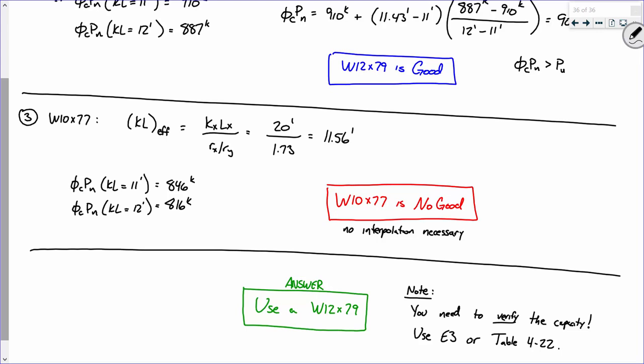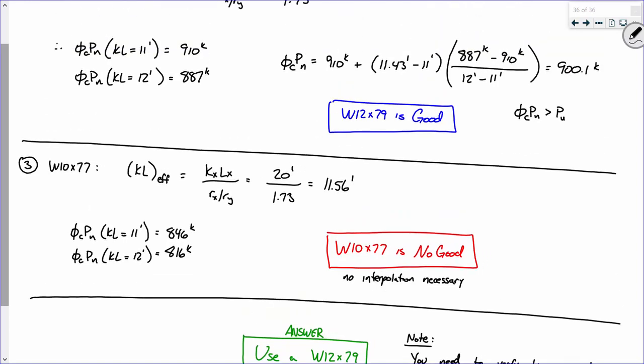So remember, we've got our section. We can compute KL over R, use the KL over R to calculate F critical, and then phi PN is phi times F critical times the gross area. We have a column. It's a W12 by 79. We should validate that capacity. I mean, what did we calculate as the capacity for that W12 by 79? It was 900.1 kips, right?